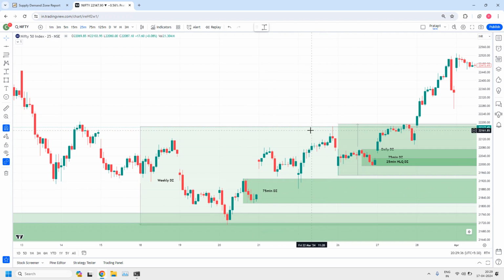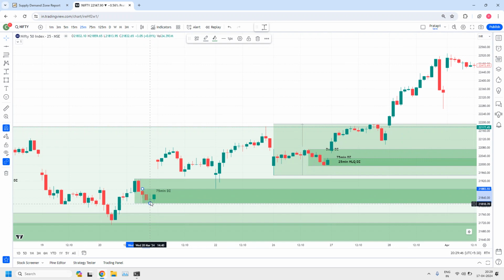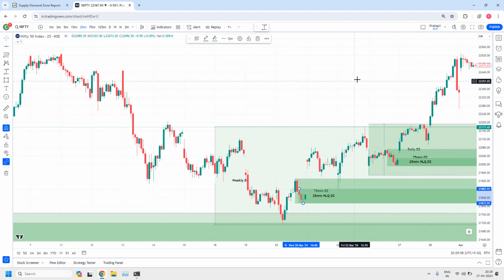The reason is the 25 minutes high liquidity zone. See, it just touched the 25-minute zone, see the rejection. How strong it is. So that's it.